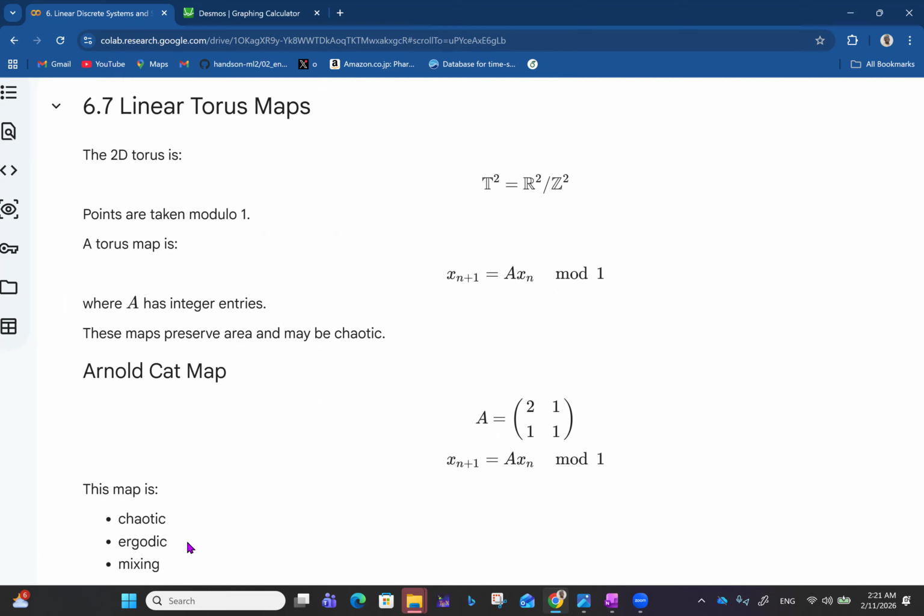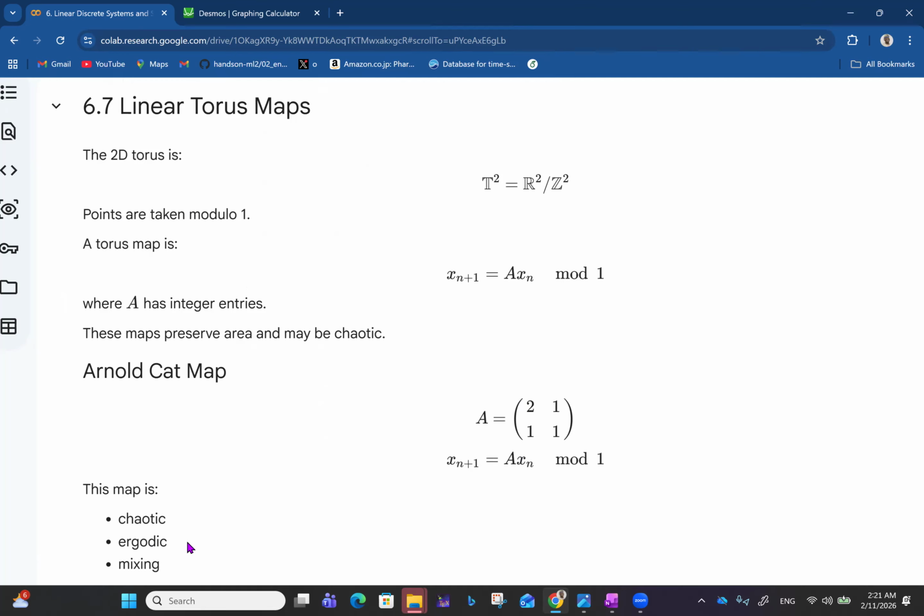Now, the idea of ergodicity is that if you imagine tossing coins, if you toss a coin 1,000 times, most likely you're going to get something like half. If it's a fair coin, you're going to get roughly 500 heads and 500 tails. Ergodicity means that if you toss one coin 1,000 times, you get 50% heads and tails each for a fair coin.